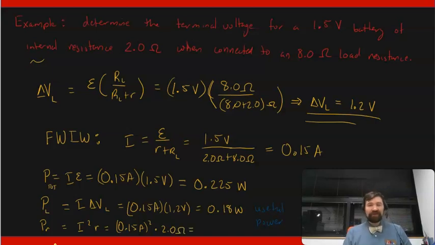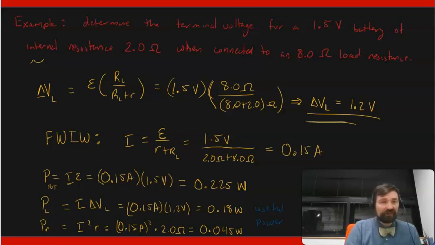So 0.15 squared is 0.0225, times 2 is 0.045. Left off a 0 when I said that before. So if you add these two together, you do in fact get the total. That's a good double check that you've done everything correctly. So this bottom one is the wasted power.